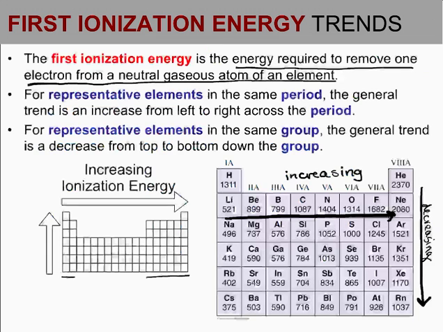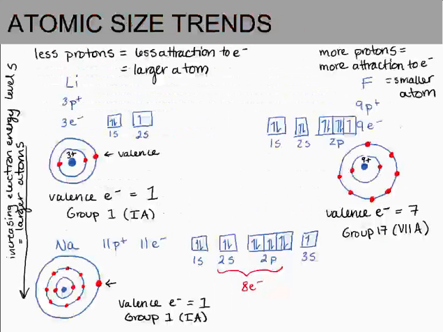And if we go back, again, we saw that the ionization energy increases going left to right. And part of that has to do with the attraction of valence electrons to the nucleus. So actually, let's go back to this diagram. Remember that fluorine was much smaller than lithium because it had more protons, and the electrons were more attracted to the nucleus.